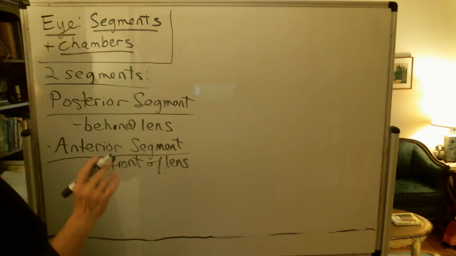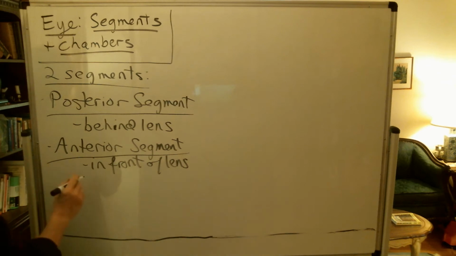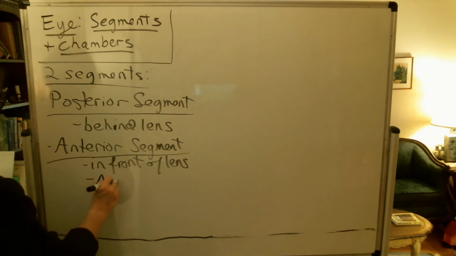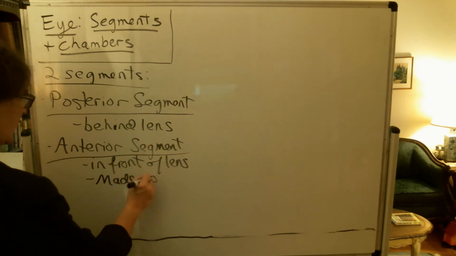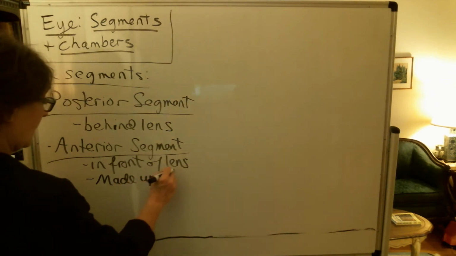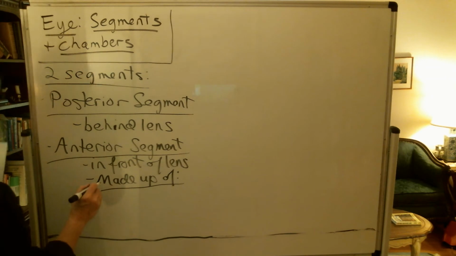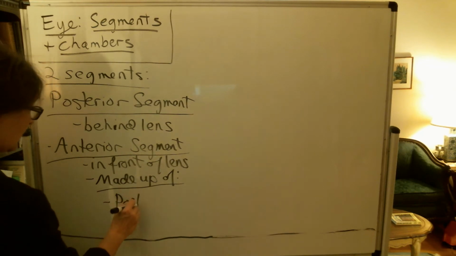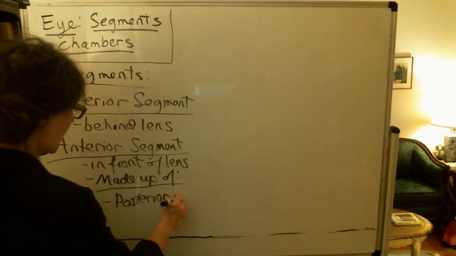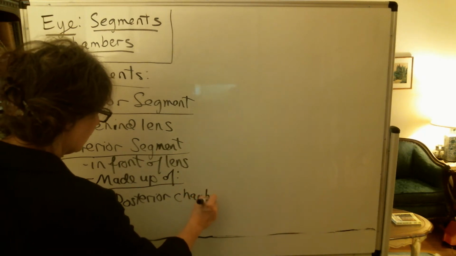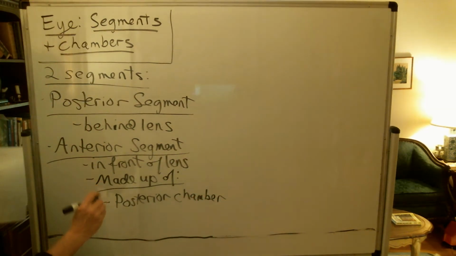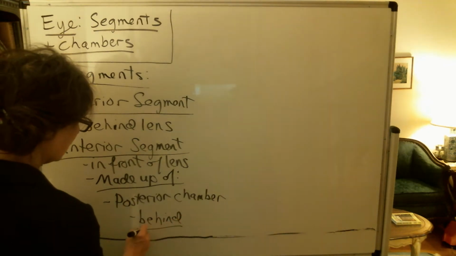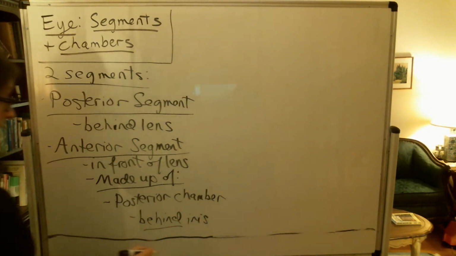But the anterior segment itself is divided into two pieces for our convenience in terms of thinking about them. So the anterior segment is then made up of, and this can be confusing, but bear with me here, pay attention here, the posterior chamber of the anterior segment, and that then is behind the iris.